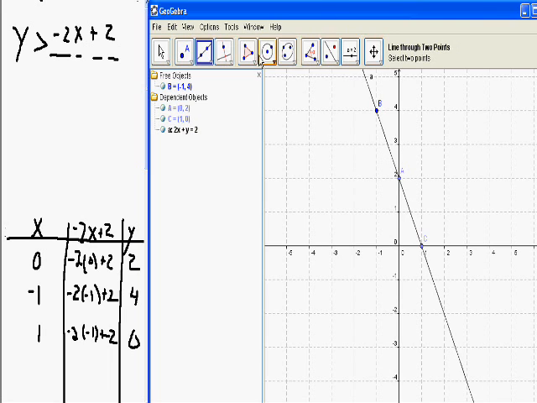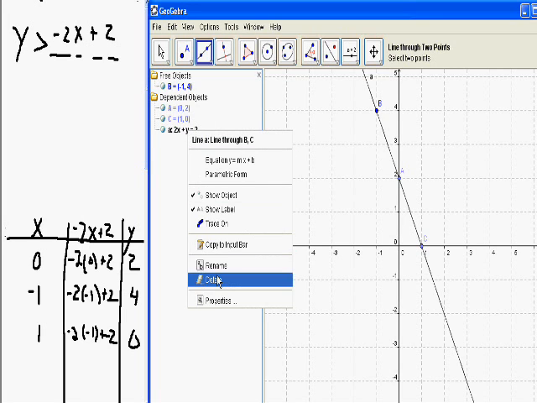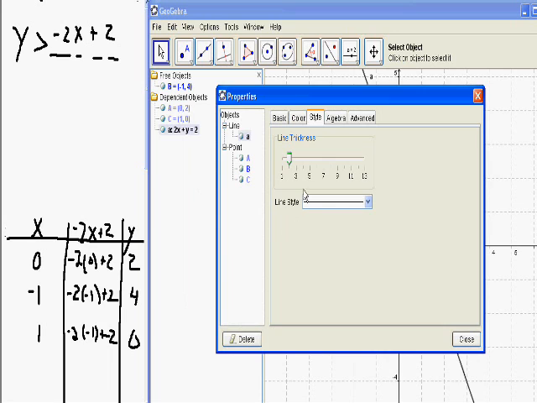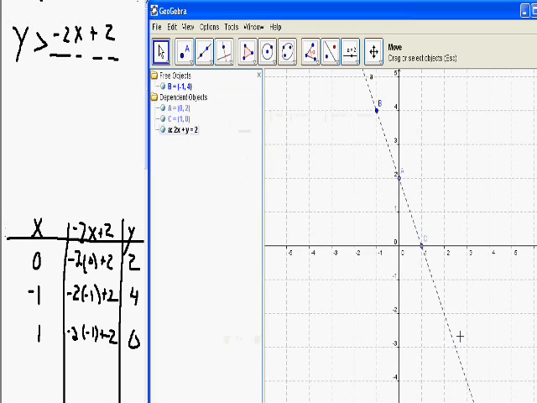To show that these points are not part of my solution, I'm going to change that line from solid to dashed. Under my line style, I'm going to pick a nice dashed line. There we go. So now it says don't include this line. It's just the boundary line. Just shade all the points where y is greater than negative 2x plus 2.